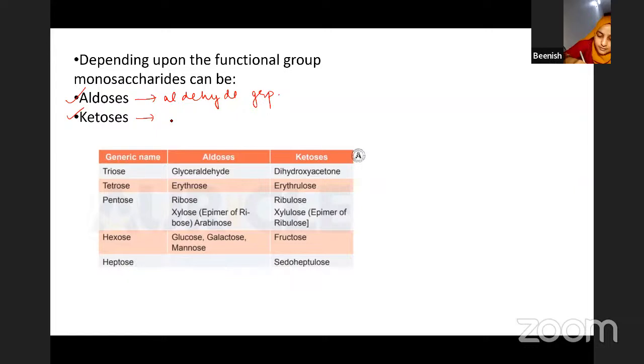And if they have a ketone functional group, they are known as ketoses. So your glyceraldehyde has 3 carbons, as we've just seen in the first slide, and it has an aldehyde functional group. So it is an aldose. And your triose ketose is dihydroxyacetone.